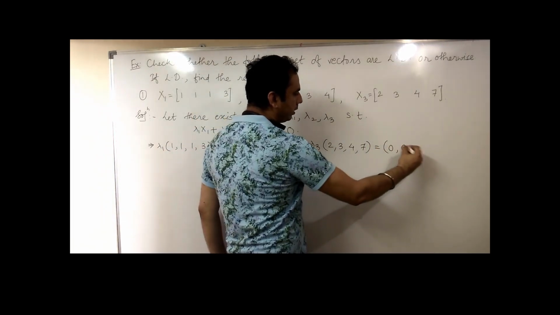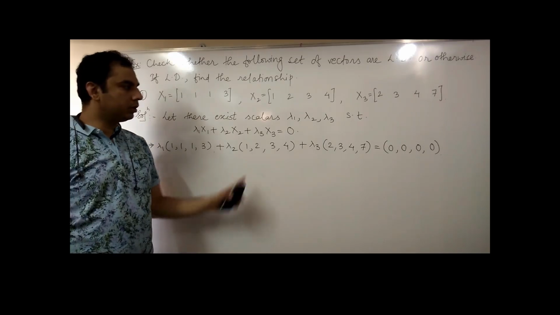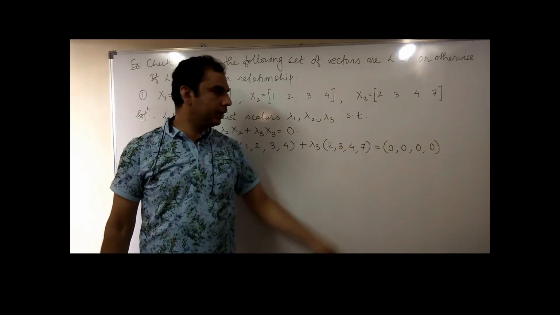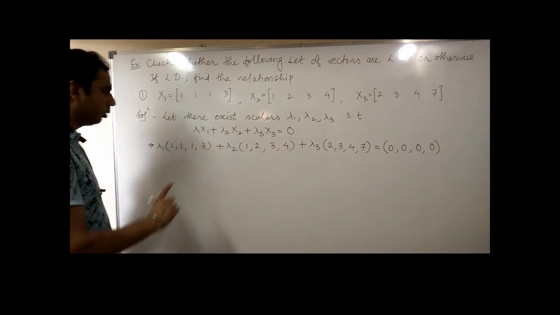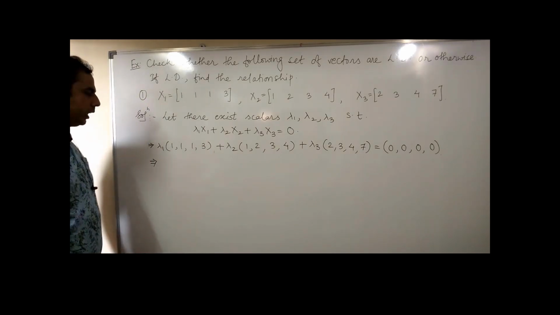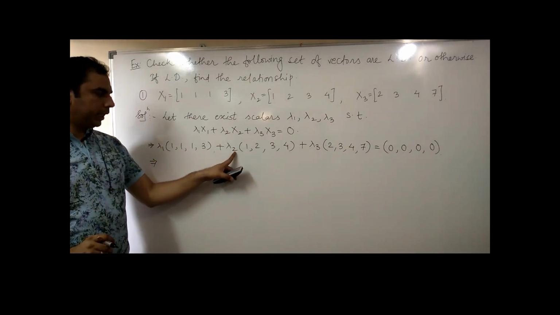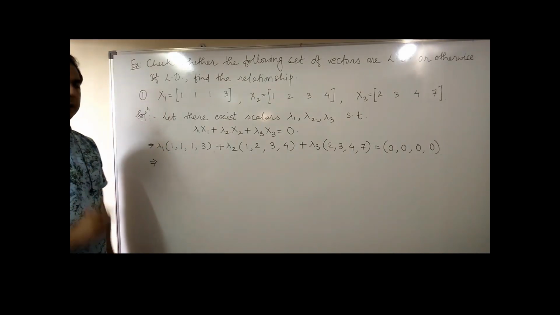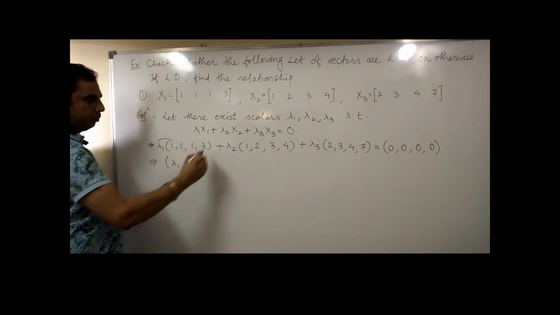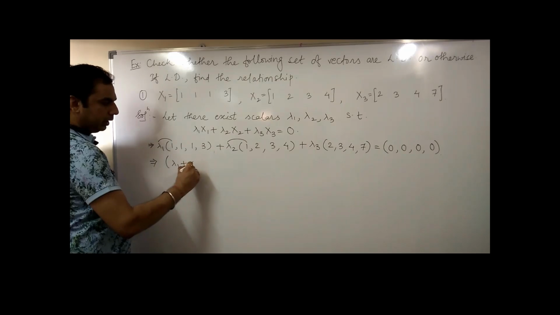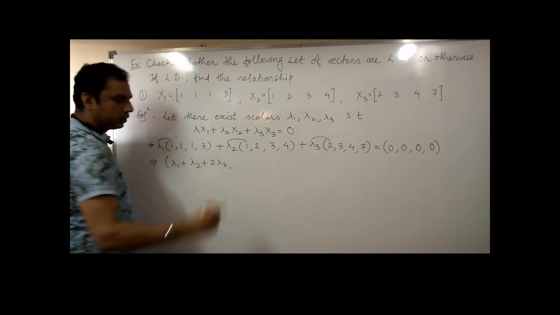0 is nothing but a null matrix which will be of the same order as these vectors, because we have equality here and two matrices can be equal only if first of all they are of the same order. So from this equation we can write, since these are matrices, we take the sum by component-wise addition. It is like this: lambda 1 plus lambda 2 plus 2 lambda 3, this will be the first component.